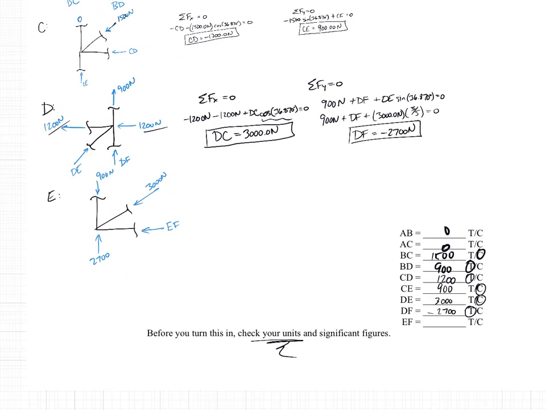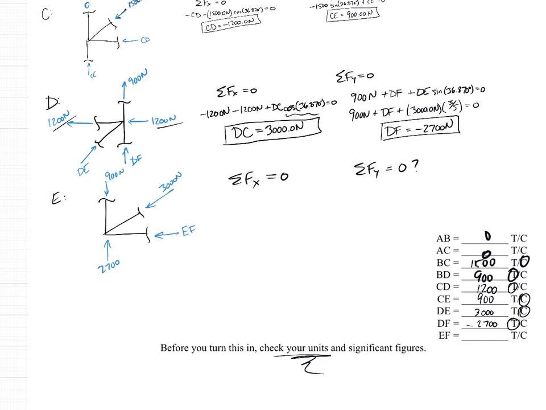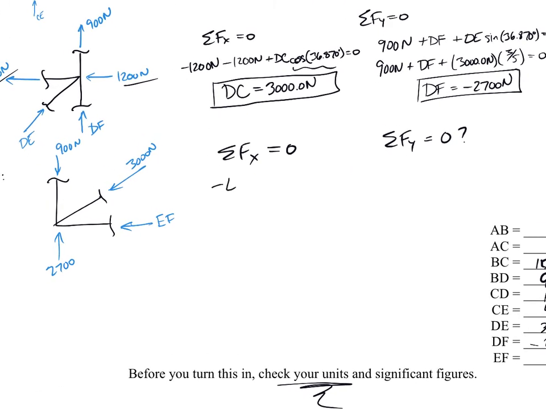Okay, we only really need one of these, right? So let's do the sum of the forces in the x direction. The y direction is just going to be a check, to see if that works. So in the x direction, I've got negative EF minus 3,000 newtons times the cosine of that angle, 36.870 degrees, equals 0, or 4/5.